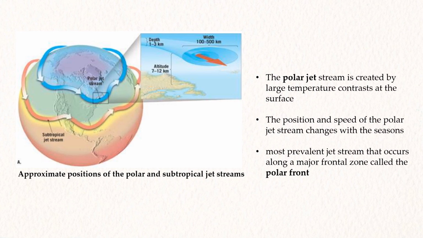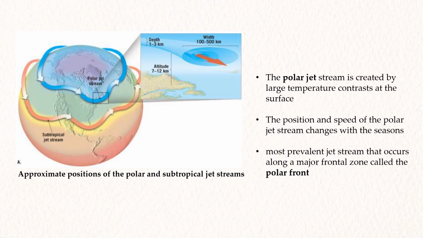This is where the polar jet stream occurs. So again, the polar jet stream is found in the polar front, and it is mainly created by large temperature contrasts.